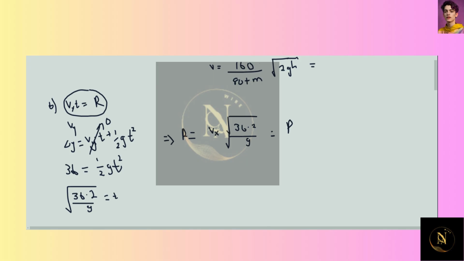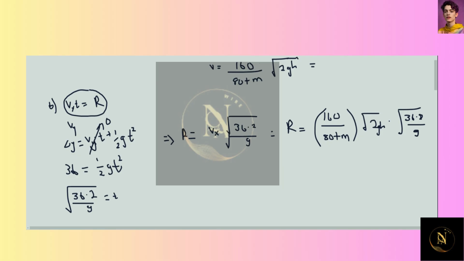So we can say now that R is actually equal to 160 over 80 plus m, times the square root of 2gh, multiplied by the square root of 36 times 2 over g here.